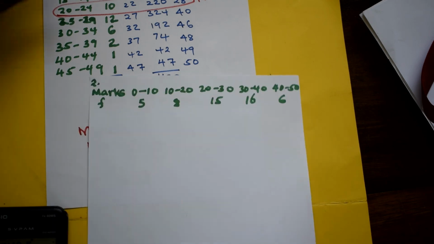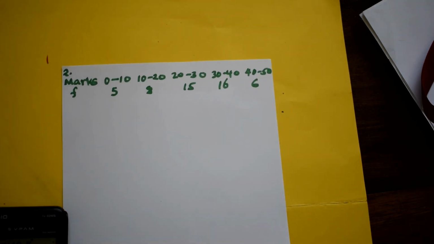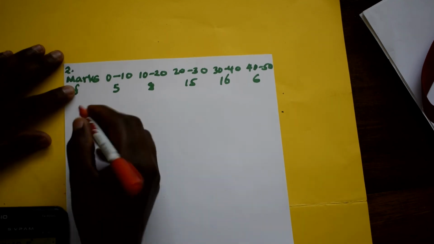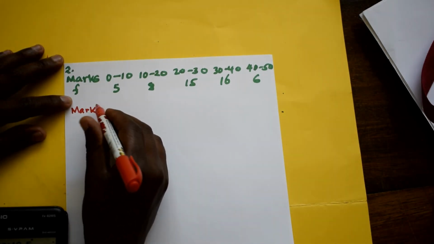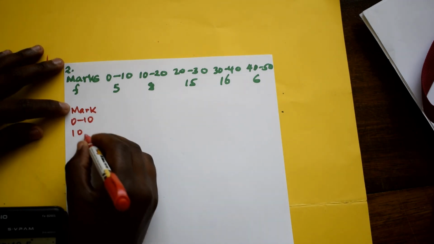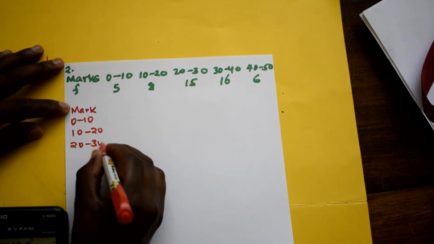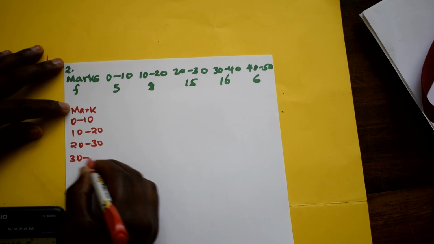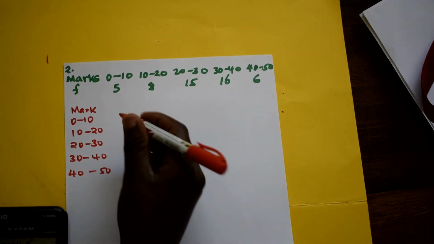So we also want to calculate for this one. When your data is given in horizontal form, the best way is to rearrange it to a column form so that you have the marks. Here again we are calculating mean and median, so marks 0 to 10, 10 to 20, and so on.